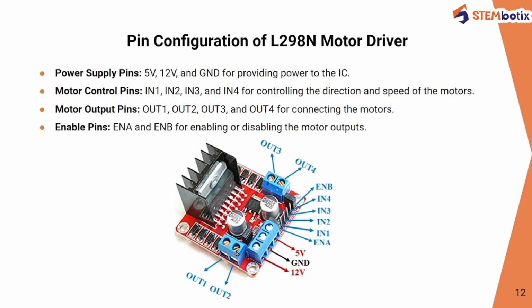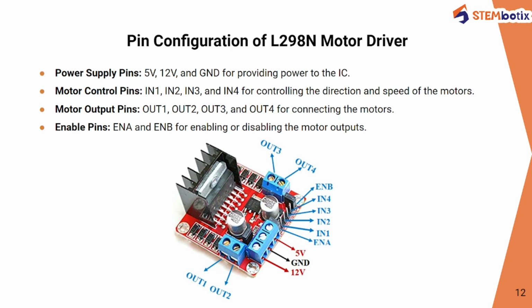One channel is here, output 1 and output 2, for motor A. After that are output 3 and output 4, which are on the other edge of the module, for motor B. These are broken out on the edges of the module with the same 3.5 pitch screw terminals, and you can connect two 5 volt to 12 volt DC motors to these terminals.